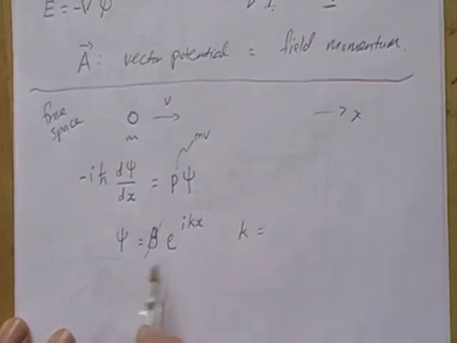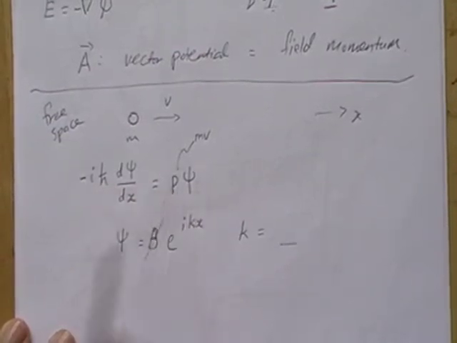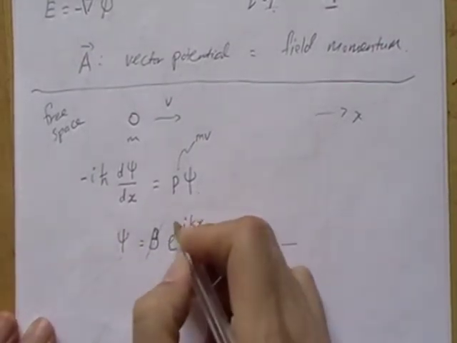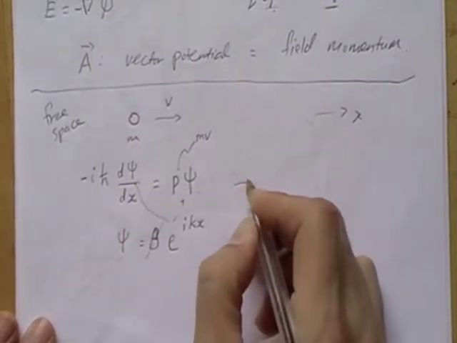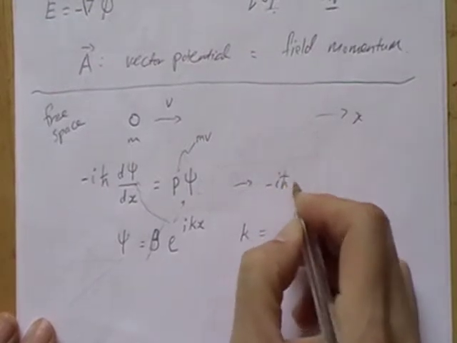To see what k is, we can simply substitute this into there. If we do that, it gives us minus i h bar.